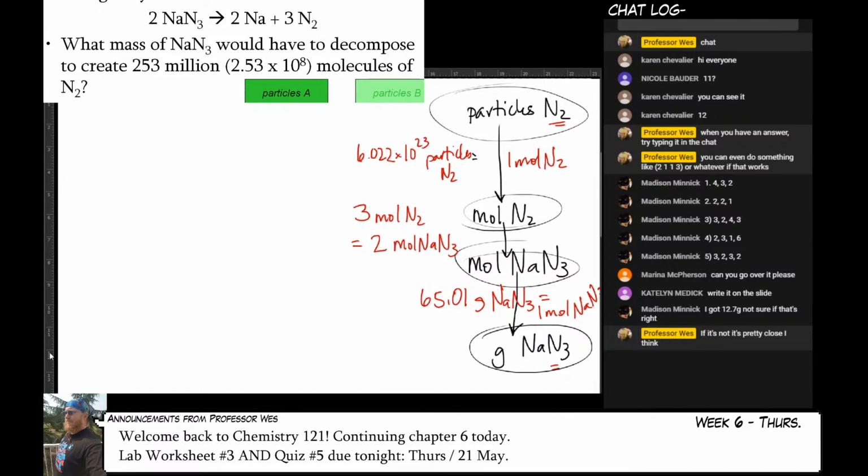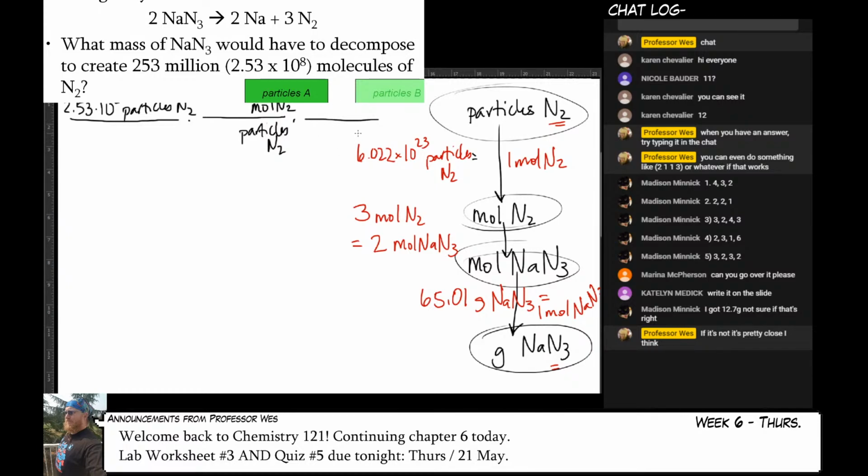All right, now we can set up the problem. So I have some number of particles, which is 253 million. I'm going to write that in scientific notation, just because that's how I'm going to type it in my calculator. And then we do the dimensional analysis, so I'll do particles N2, moles of N2.